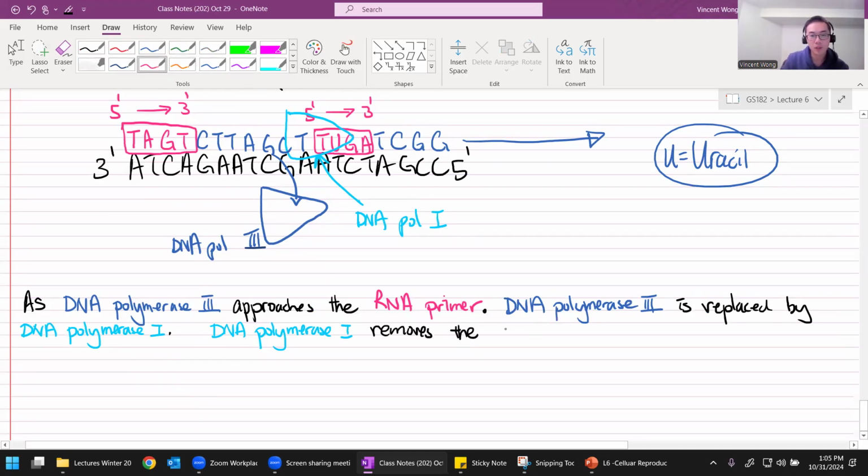And then polymerase 1's job is to remove the RNA primer and replace it with DNA nucleotide.